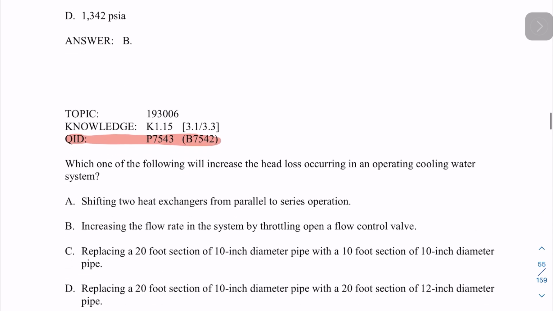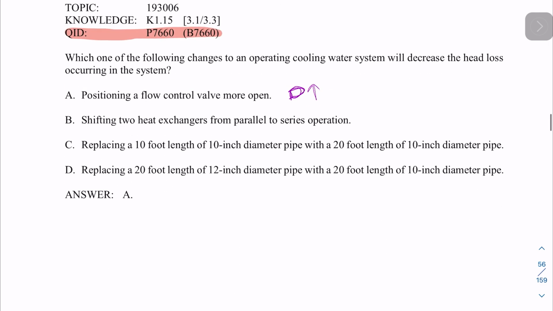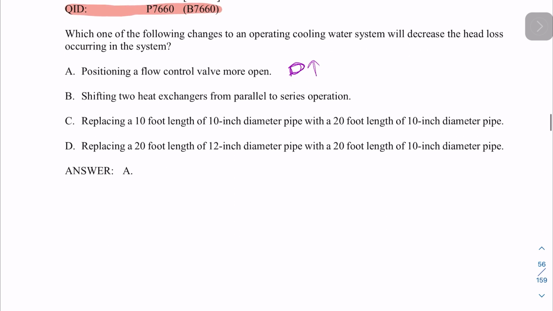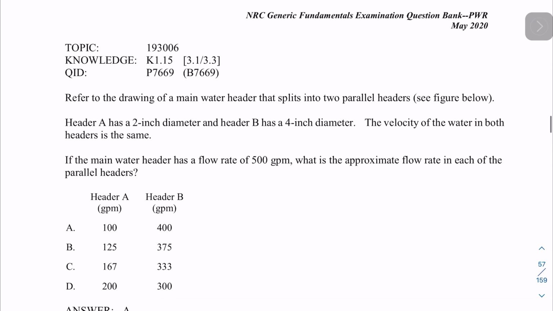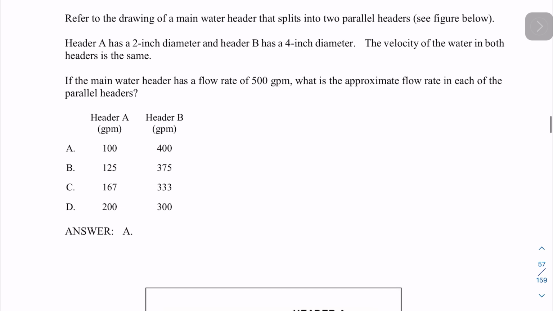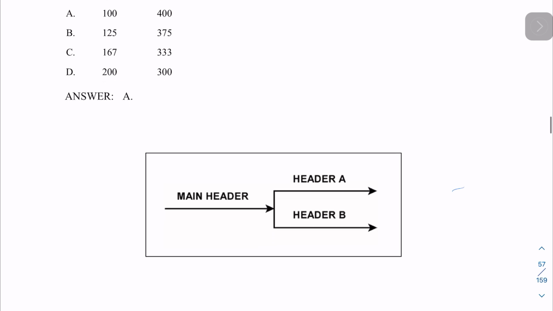Right, so we have good enough information. We talked about Venturis, and about the volumetric flow rate being proportional to the square root of the differential pressure. We talked about the Darcy equation in this one. Usually the last ones are gonna be talking about the Darcy equation.